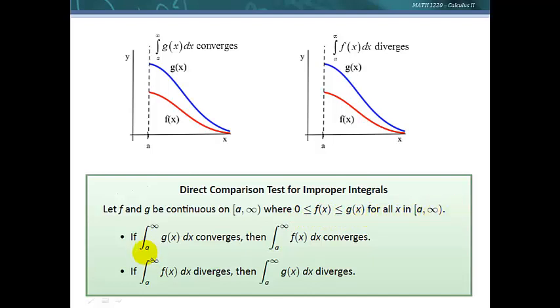So if the integral from a to infinity of g of x converges, then the integral from a to infinity of f of x dx also converges. And if the integral from a to infinity of f of x dx diverges, so this is our function whose values are always less than or equal to, then the integral from a to infinity of g of x dx also diverges.